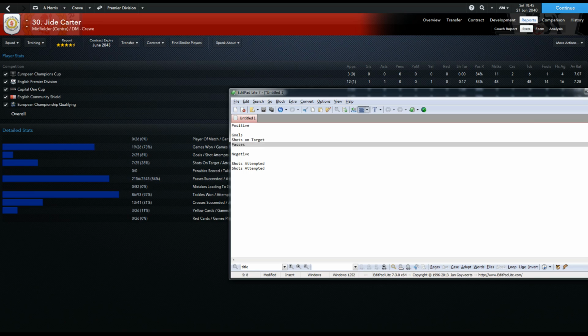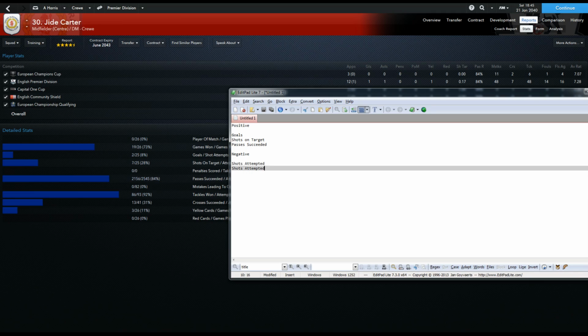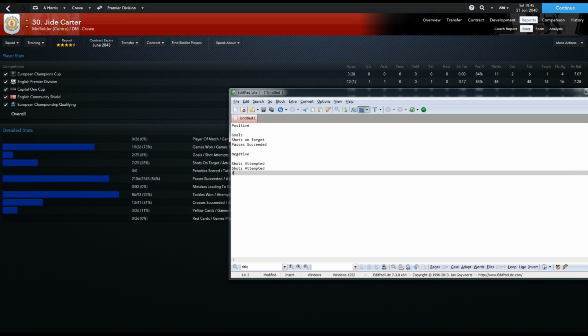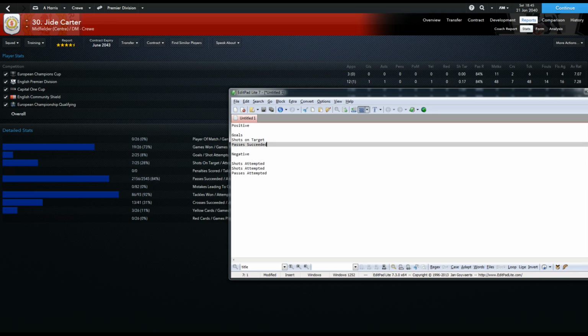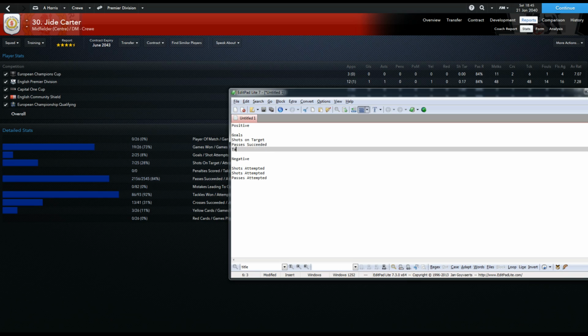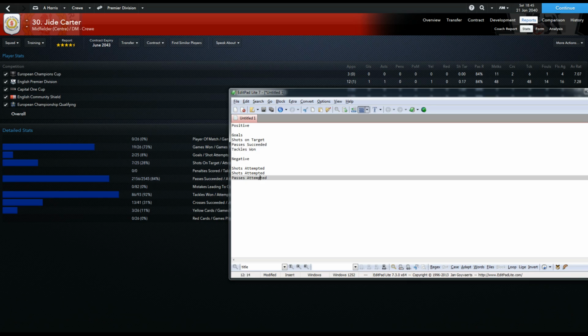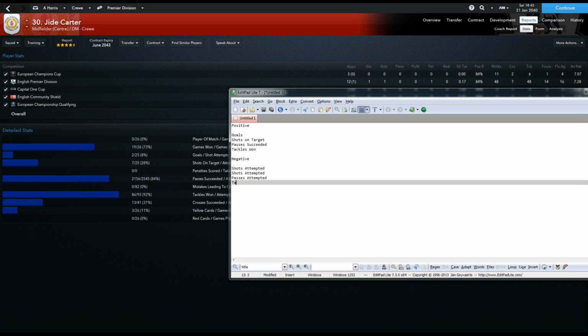So, passes succeeded and passes attempted. We'll do tackles won, tackles attempted.